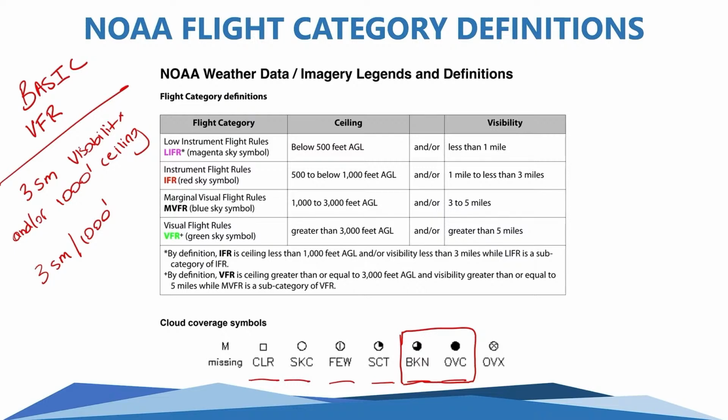Okay. The reason why I've got this slide up for you guys is I want you to realize that the weather folks use a little bit different definitions. For the purposes of pilots and for the purposes of regulations, basic VFR is the numbers that are on the screen that I just wrote down. For the weather folks out there, what they do is they basically categorize it as low IFR, IFR, marginal VFR, and VFR.